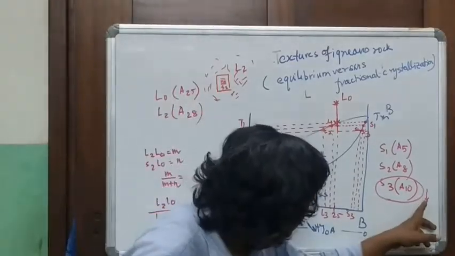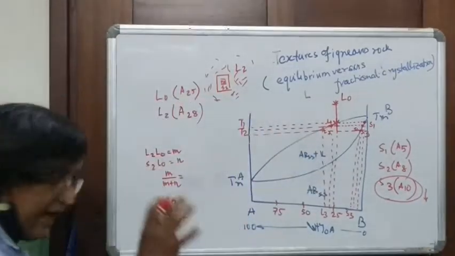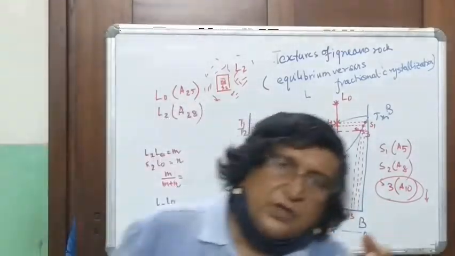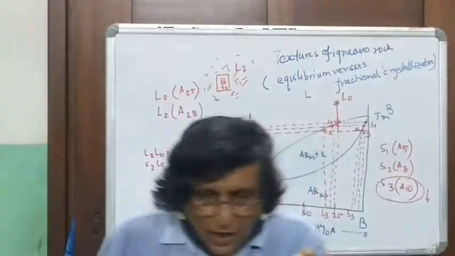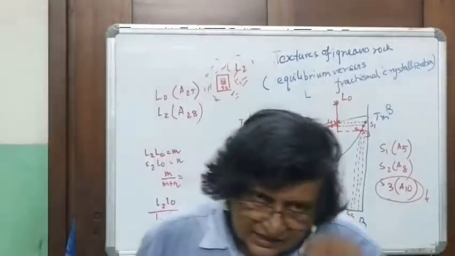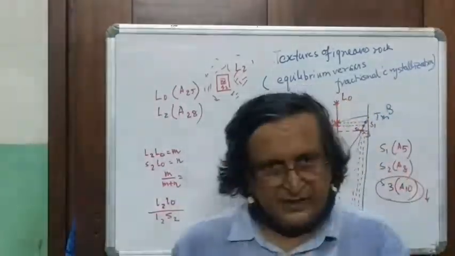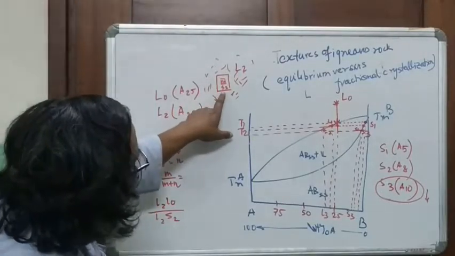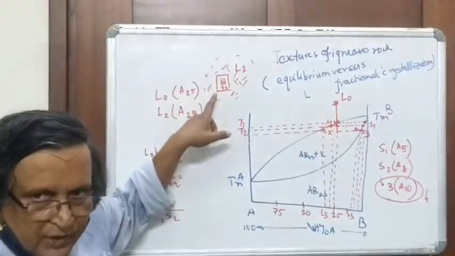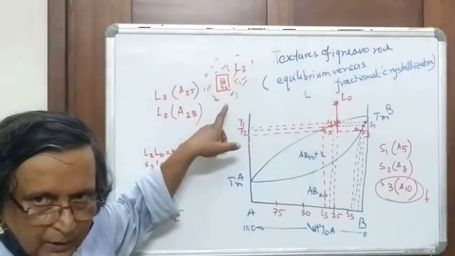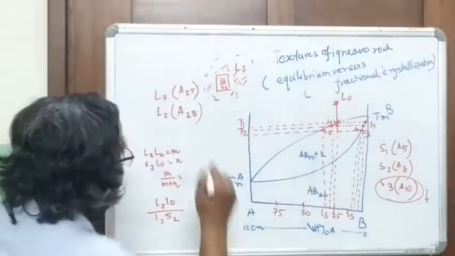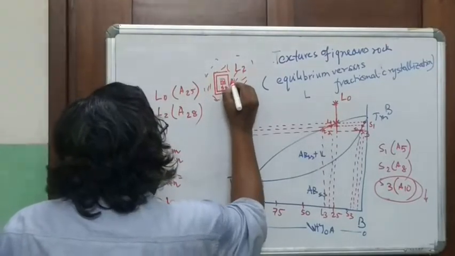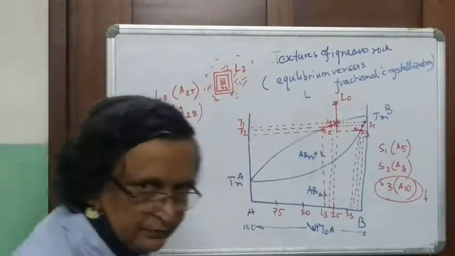When it forms as a new crystallizate, you can form S3 as a new crystal. Have you understood? Or else there can be another possibility that this crystal, S2, is not reacting with the liquid anymore. So what happens? S3 forms a layer on S2.